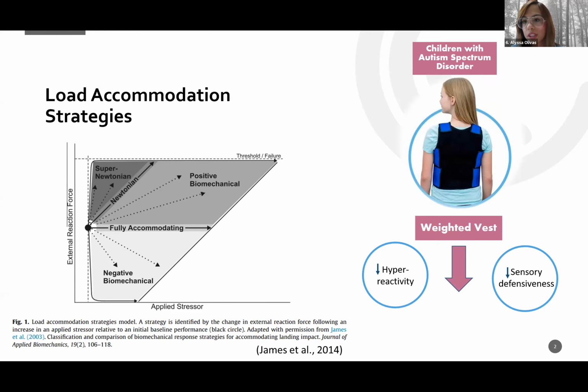But there's more research and evidence that autism is becoming a movement disorder and has implications for gait and motor impairments. So a weighted vest has actually been shown to increase gait smoothness. So if this is an intervention that they typically use, then this would also be a suitable intervention to look at to see how it impacts the load accommodation strategies that this population may be using.